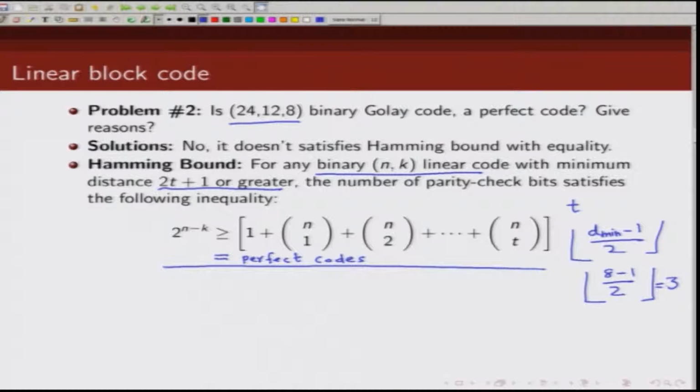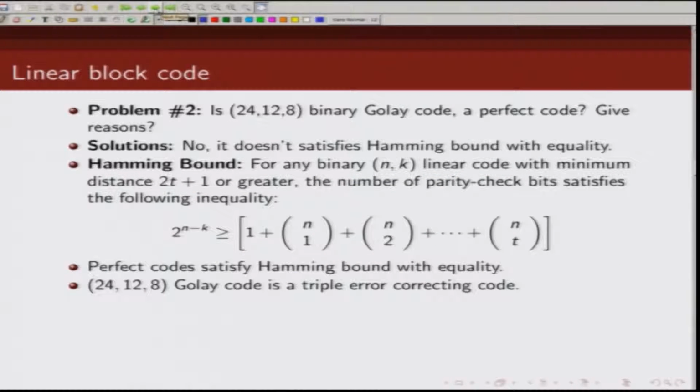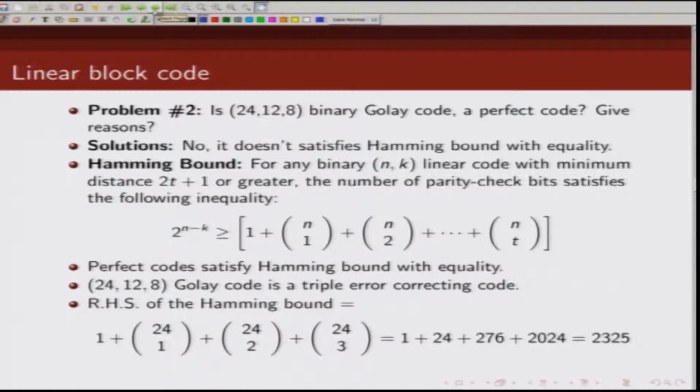The (24, 12, 8) Golay code can correct 3 errors. So, t for this code is 3. Let us just compute the right hand side.